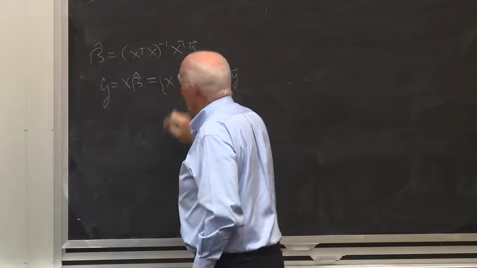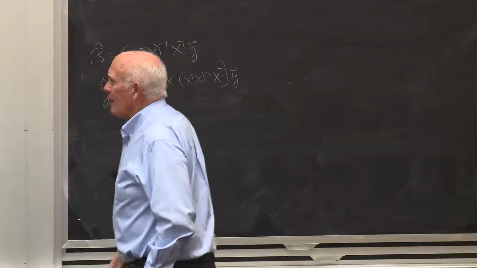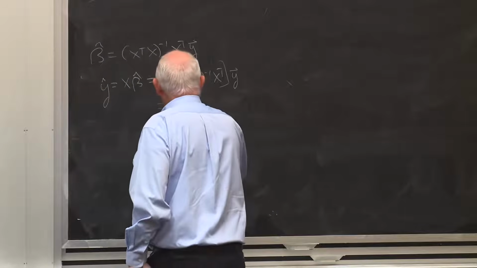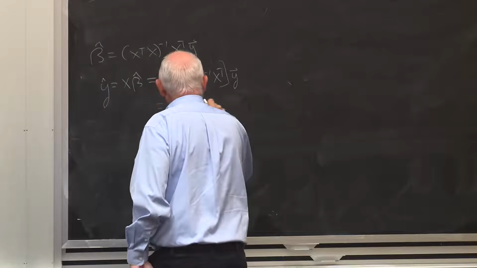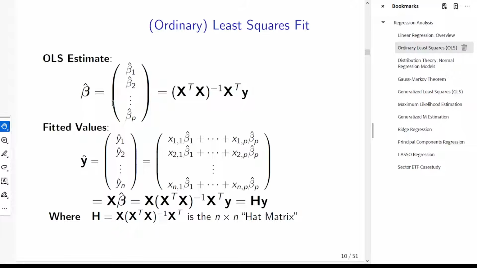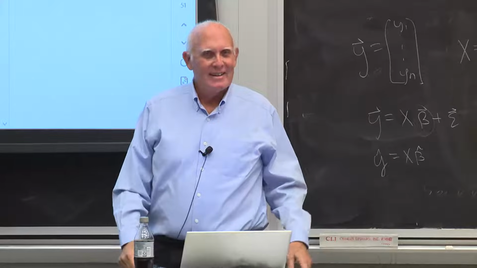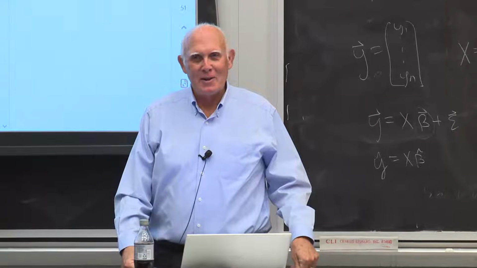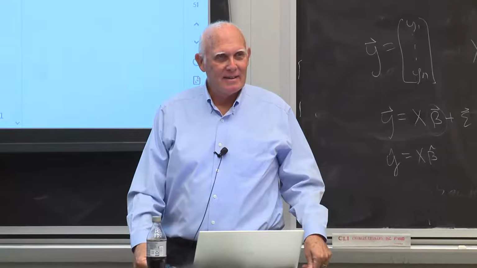And I'll put square brackets around that. And this is called the hat matrix by some statisticians. Now, this matrix, H, is actually a very special matrix. It has special properties. And does anyone know what those special properties might be?